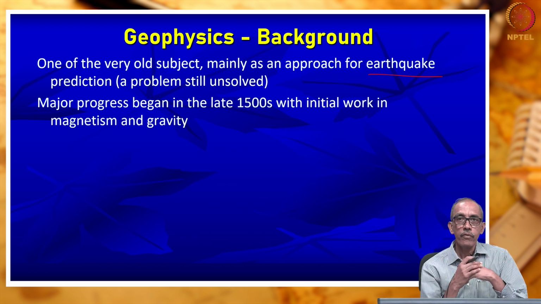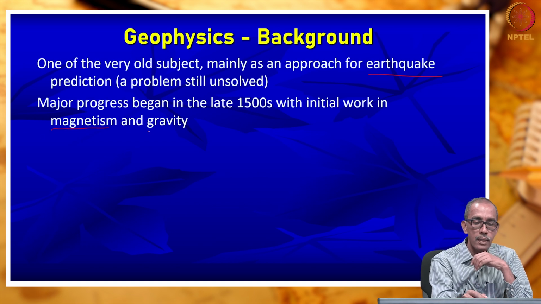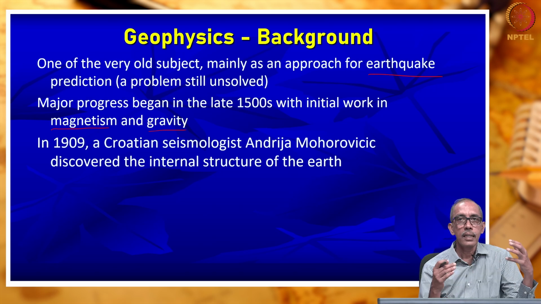Subsequently, from the 1500s, some work started on the applications of Earth's magnetism as well as Earth's gravity. Sometime during the early 1900s, a seismologist made use of geophysical investigations to understand the interior of the Earth.